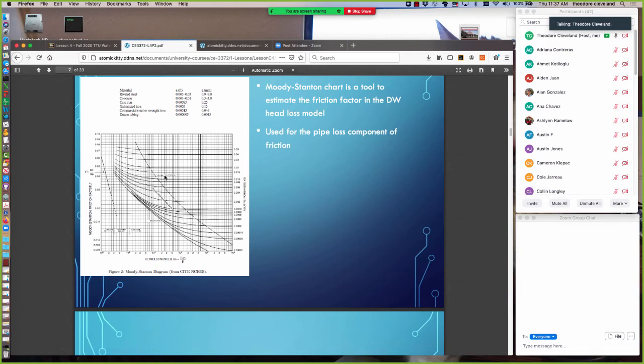Anything in this region to the right of the fully rough line is entirely controlled by the pipe material. In the transition zone, we have a balance between the two. And when we get onto the smooth line down here, the friction factor is entirely a function of Reynolds number.